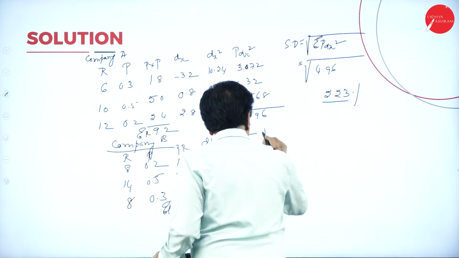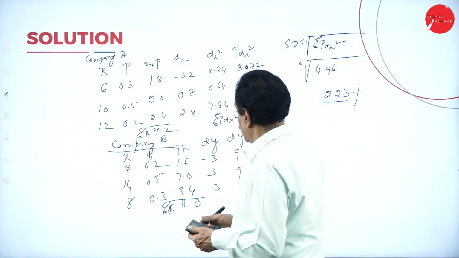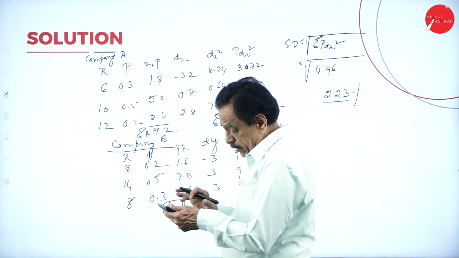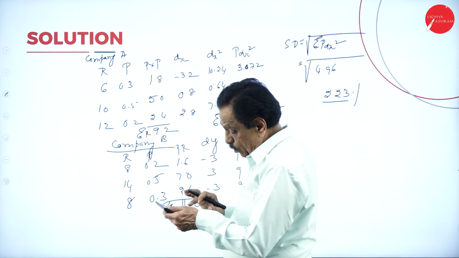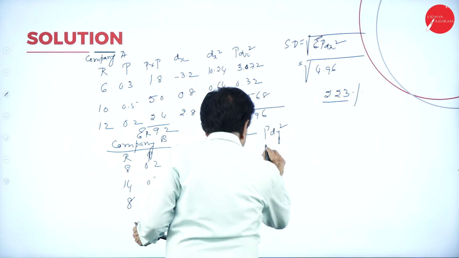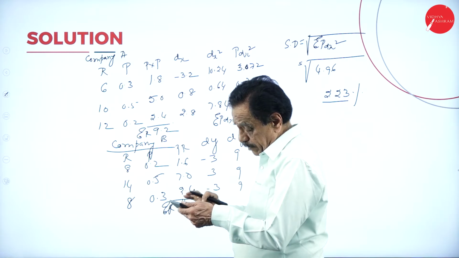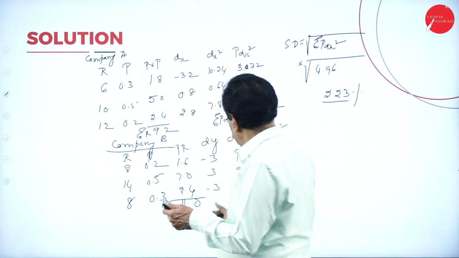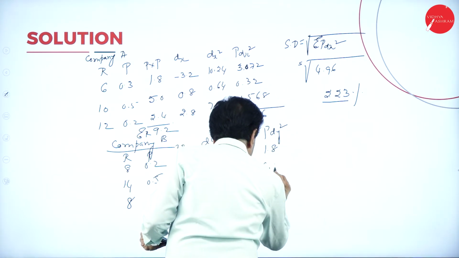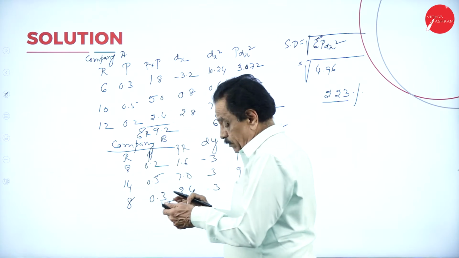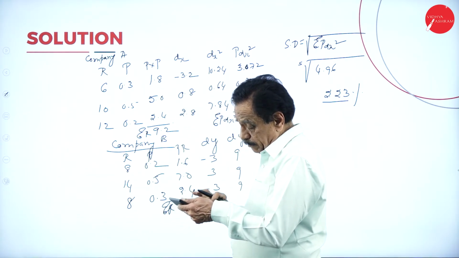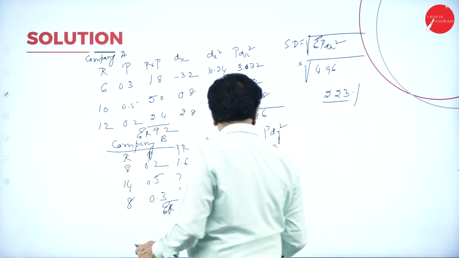Then p dy square: 9 into 0.2 is 1.8, 9 into 0.5 is 4.5, 9 into 0.3 is 2.7.